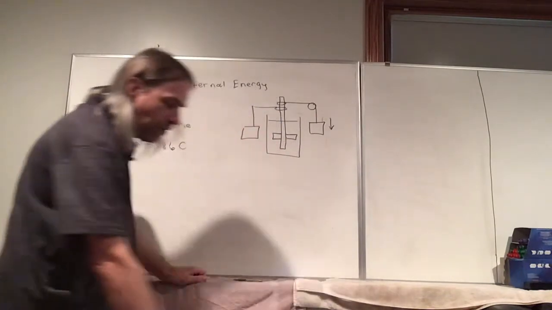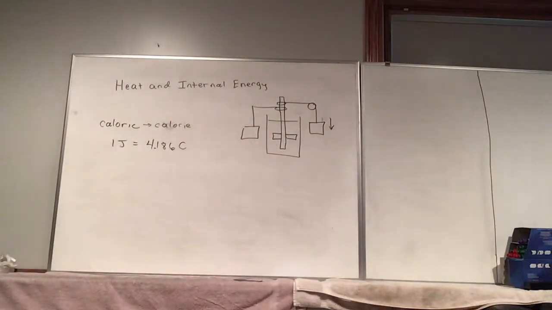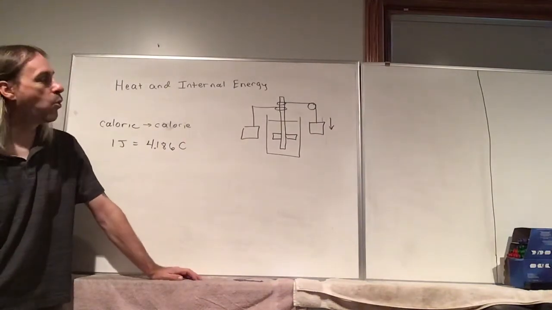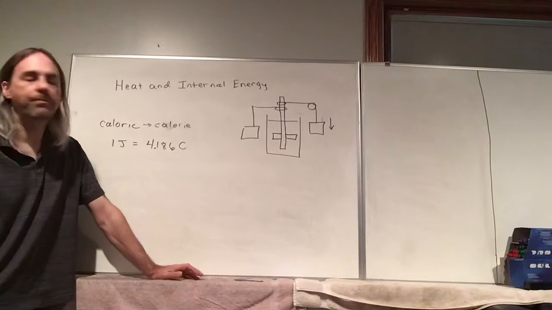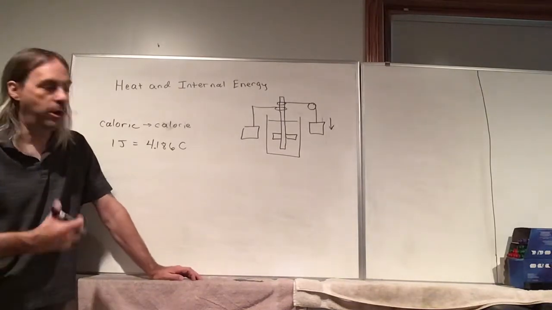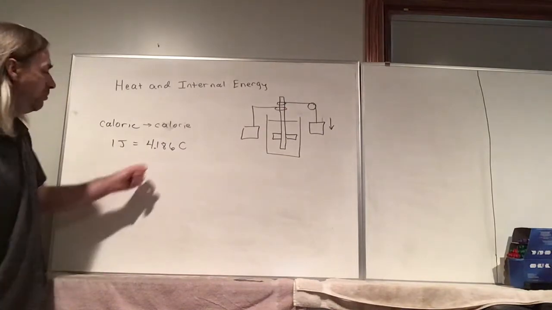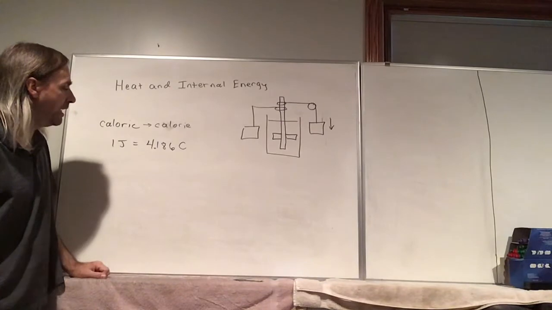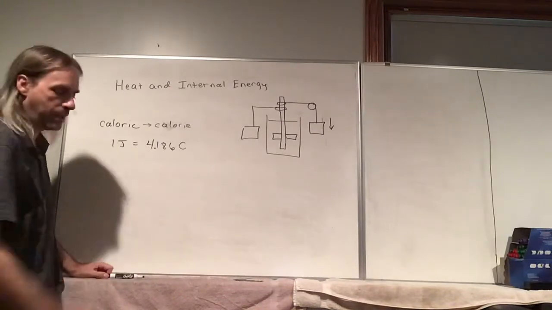The term calorie was used for heat back before Joule did his experiment, and it stuck around because we use it for food. So a calorie, basically 1 joule is 4.186 calories, or I think I actually got that backwards.